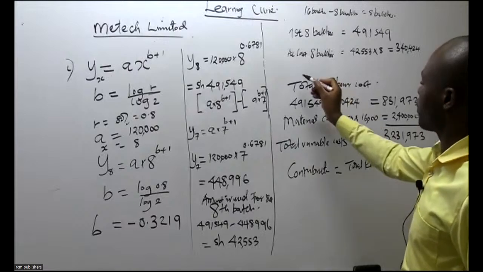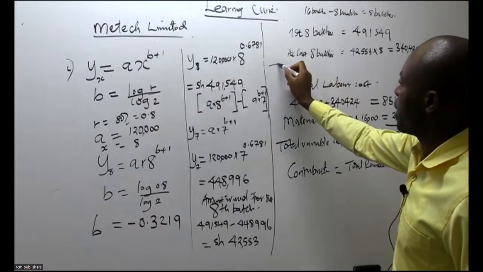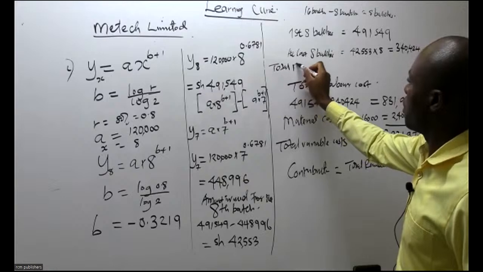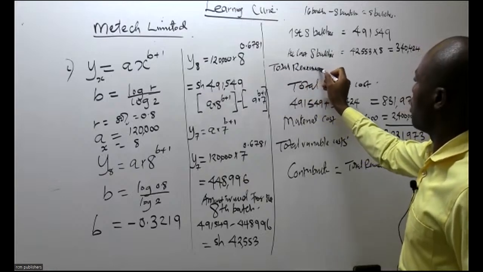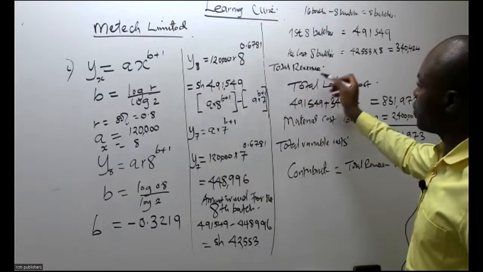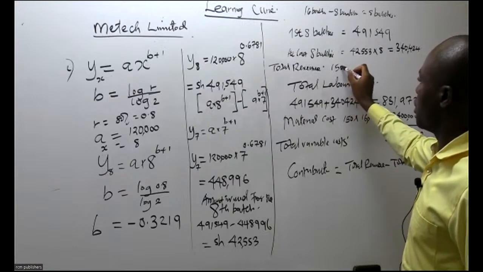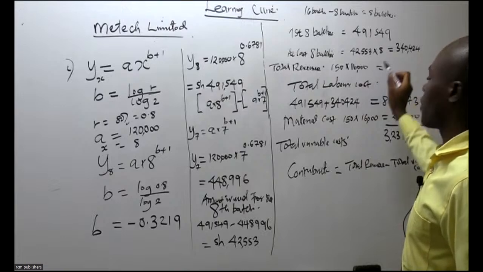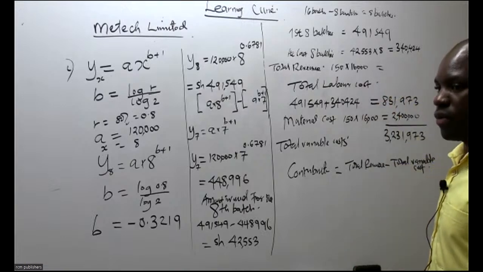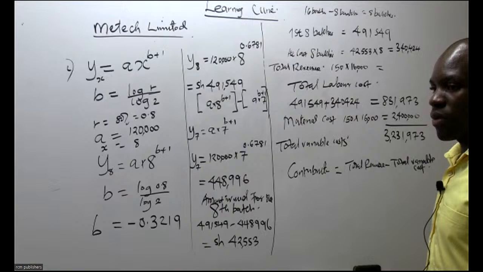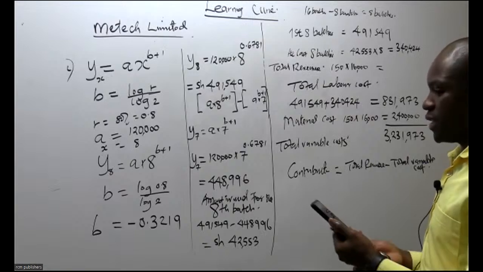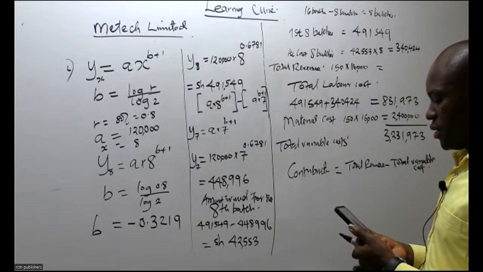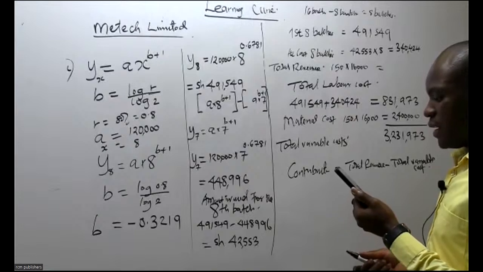Do we have total revenue? We can get total revenue somewhere here. Our total revenue is equivalent to selling price per unit multiplied by the units that were sold, which is 16,000. Sorry, is it really 150?